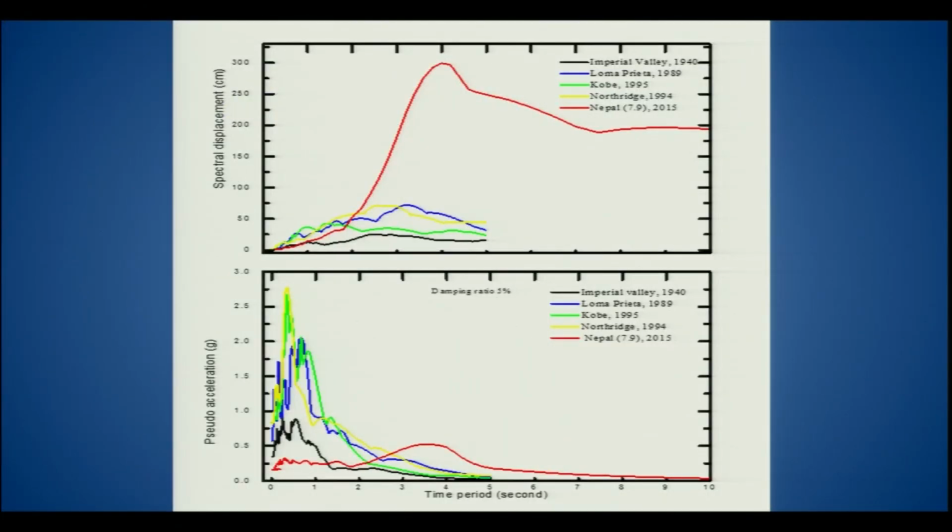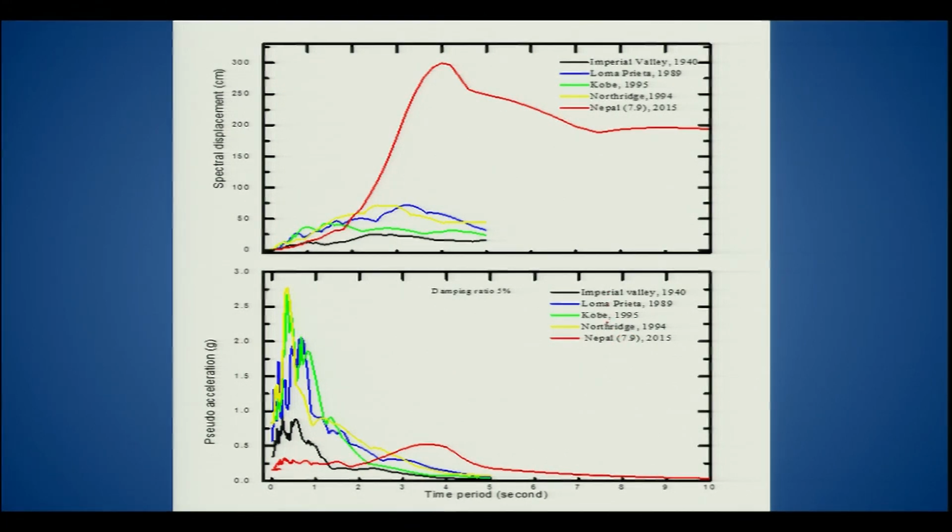Now, the reason given for the comparatively moderate damage is shown here: the ground acceleration one could have expected in an earthquake of magnitude 7.8 or 7.9.